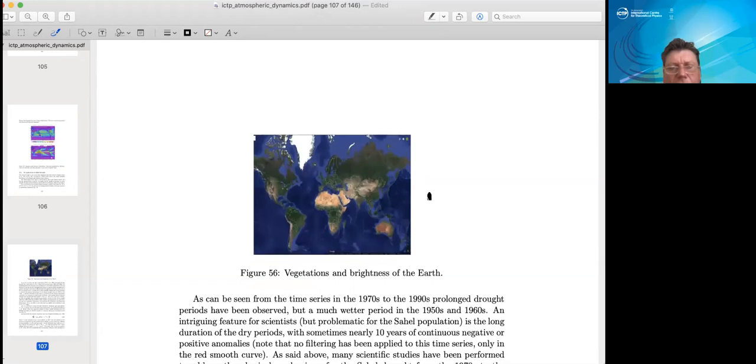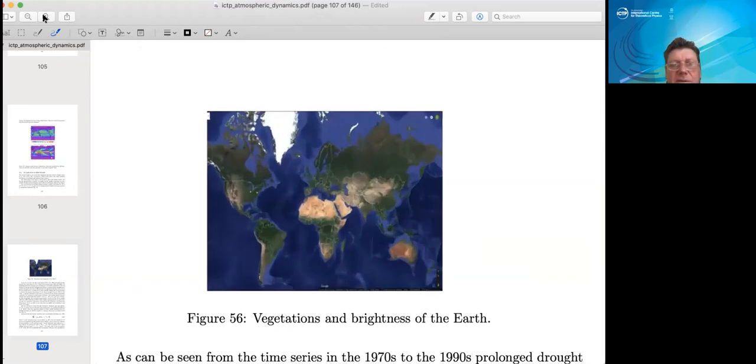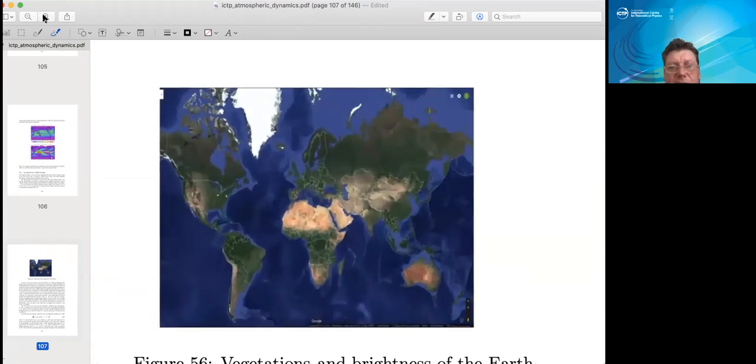So let's have a look at this a little bit small figure here. This is a satellite picture in a certain projection of the Earth, and it highlights regions that are darker and regions that are bright.